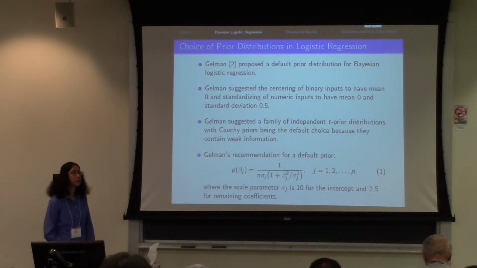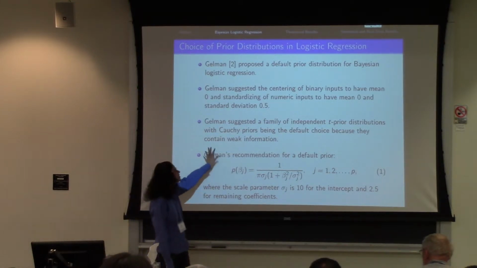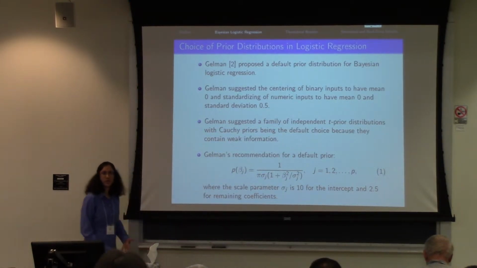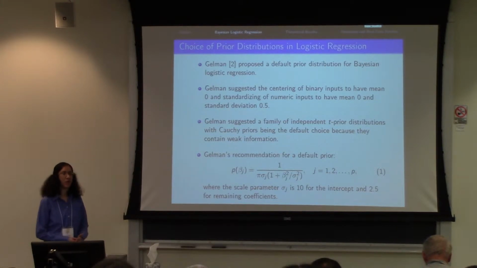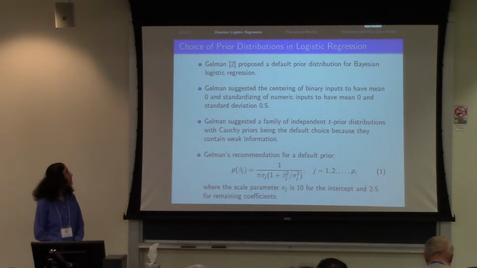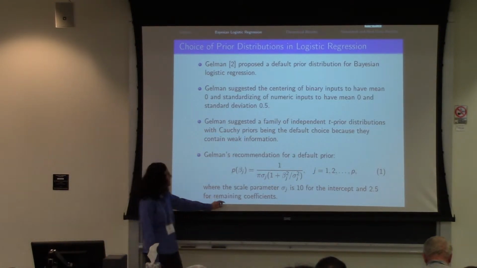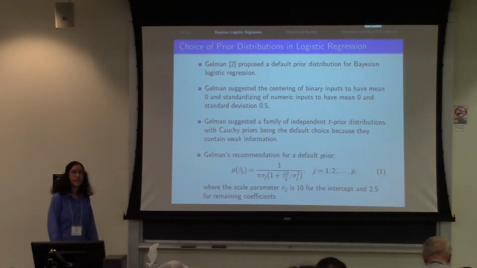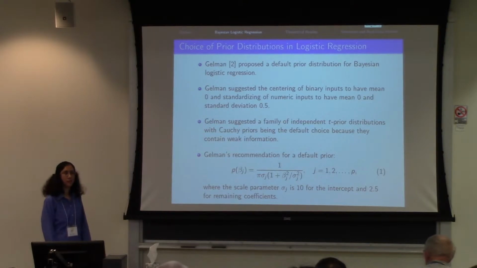And before using the prior, he suggested making the predictors more comparable on a comparable scale. And so he suggested centering binary predictors and standardizing numeric predictors to have mean 0 and standard deviation 0.5. And after that, he recommended this Cauchy prior with location parameter 0, scale parameter sigma j, which is 10 for the intercept and 2.5 for all remaining coefficients.